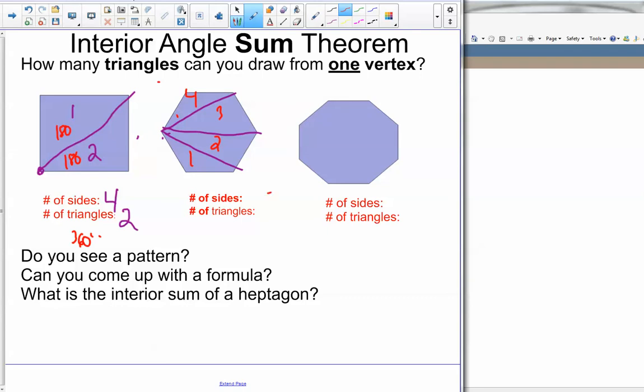I have 6 sides and 4 triangles. I can find the sum by doing 4 times 180: 400 plus 320, so 720. Okay, and the same thing over here. There's one diagonal. Yes, that's a diagonal.